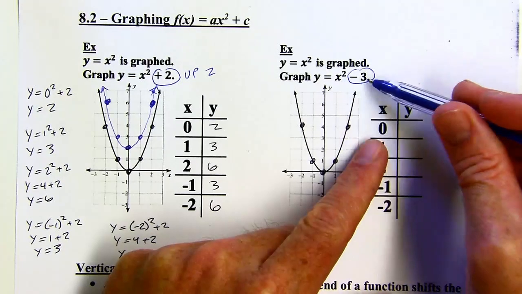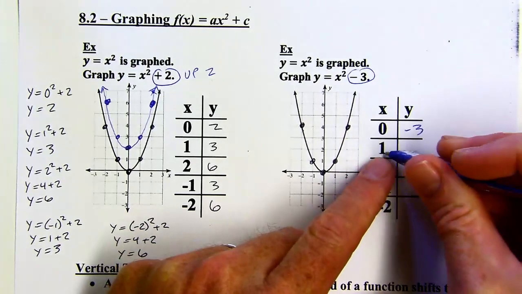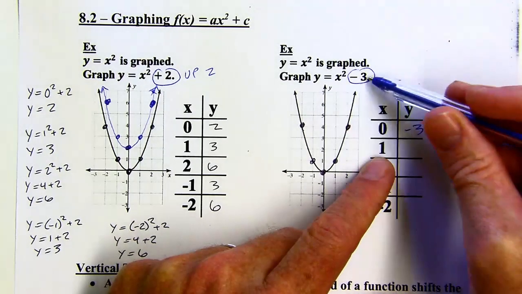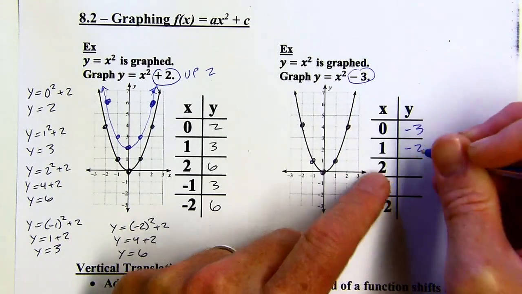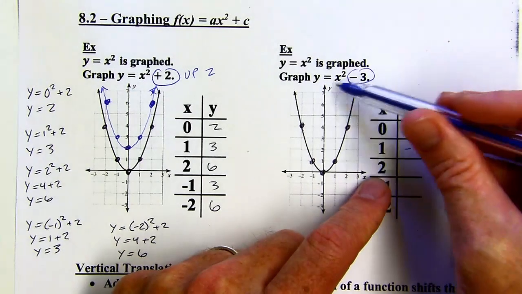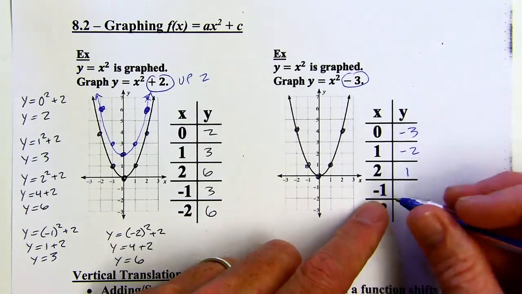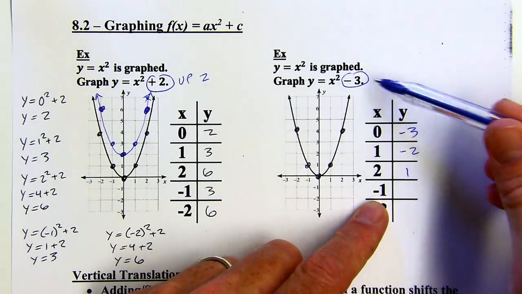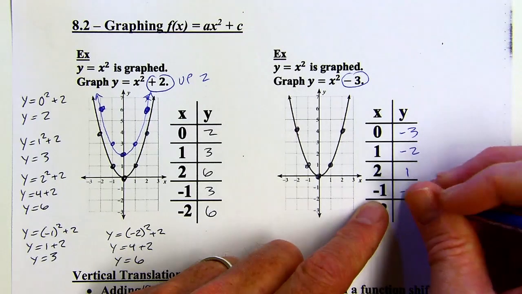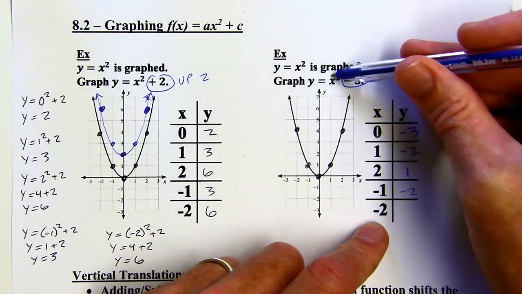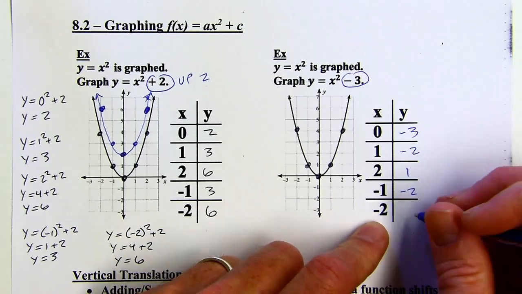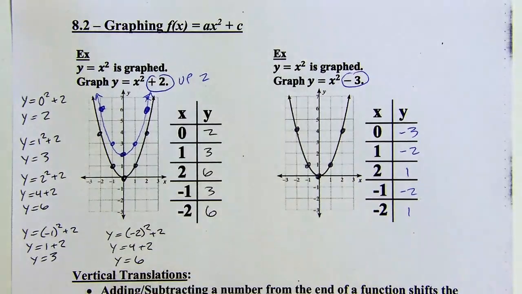That would be 0, and then subtract 3. If I square 1, that's 1. Subtract 3 from that is -2. If I take 2 and square it, I've got 4, and then -3 gives me 1. -1 squared is +1, then subtract 3 and I get -2, and -2 squared is 4, subtract 3 from that and I'll get 1.